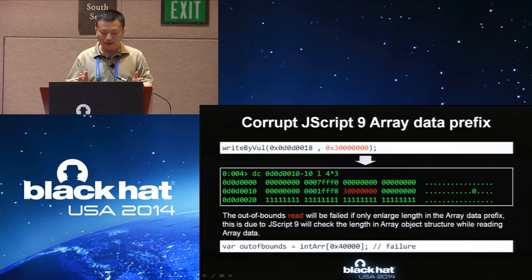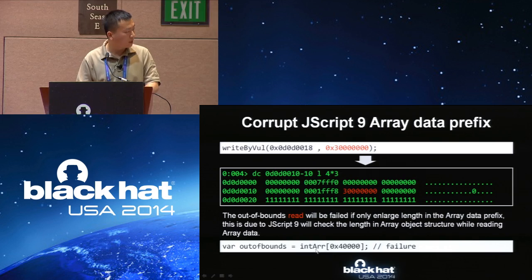Because JScript 9 will check 3 lengths while reading array data. You can't just overwrite one of them. If we just overwrite this and do out-of-bounds reading, it will fail.